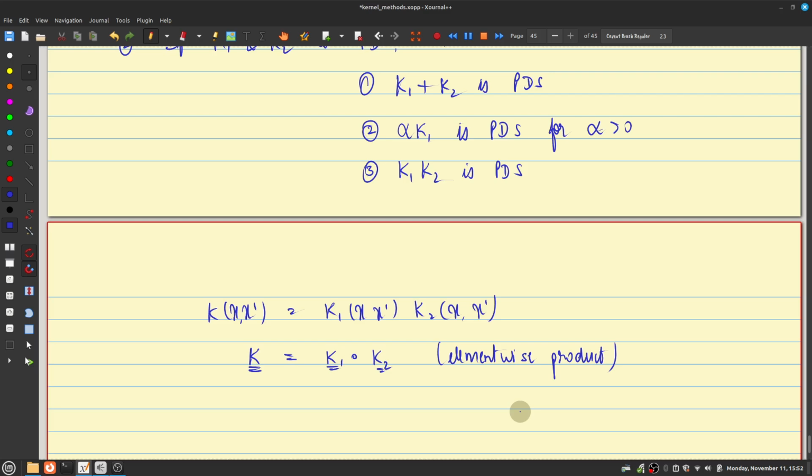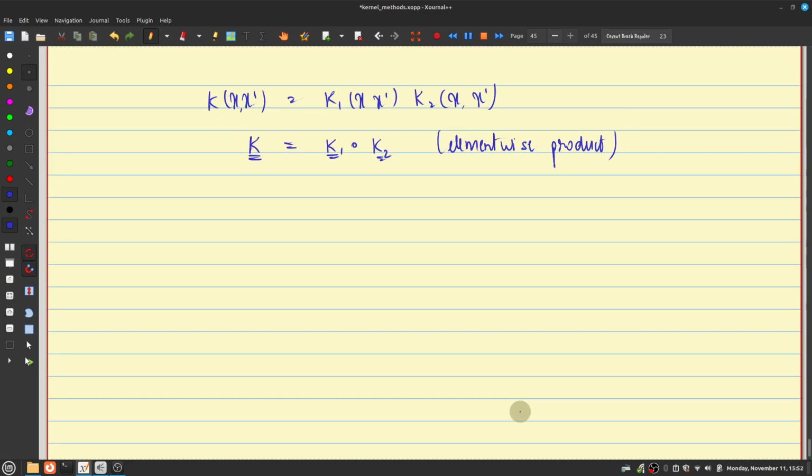If you're given two symmetric PSD matrices, what can you say about the element-wise product of those two PSD matrices? Have you seen this before? Okay, so I'll again leave that as an exercise. It's a very interesting result.